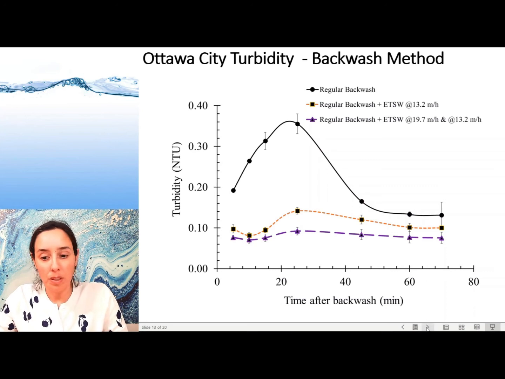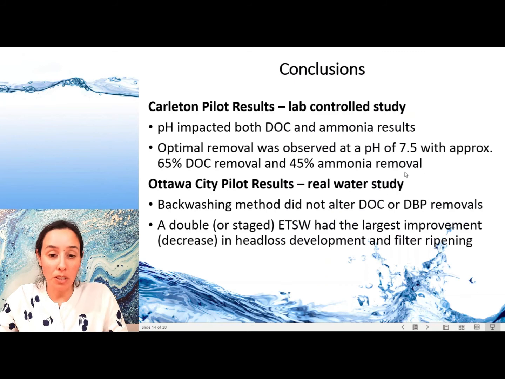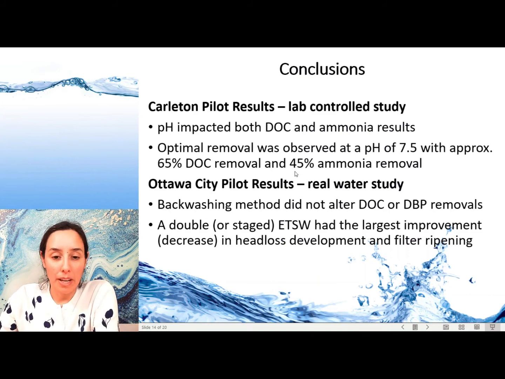So in conclusion, we saw at the Carleton pilot scale that the pH impacted both DOC and ammonia results, and that the optimal removal was observed at a pH of 7.5 with approximately 65% DOC removal and 45% ammonia removal.